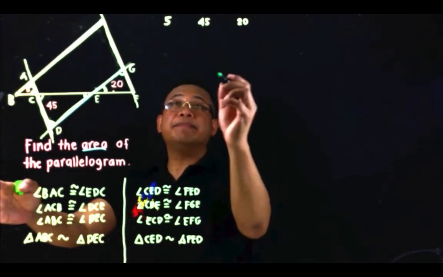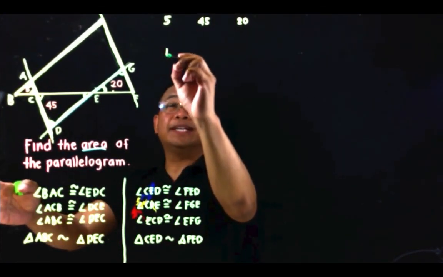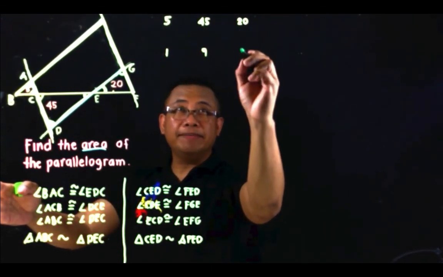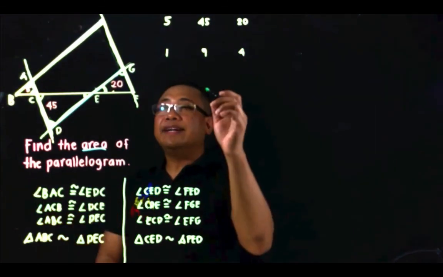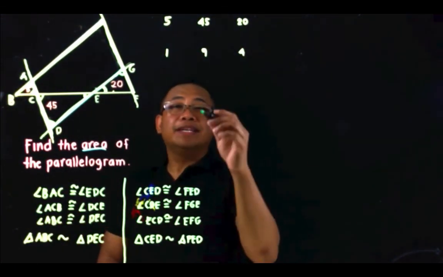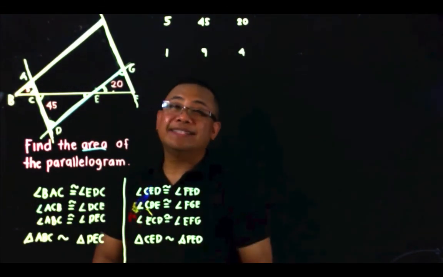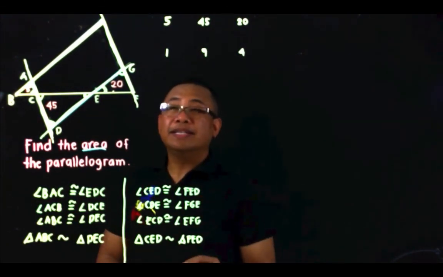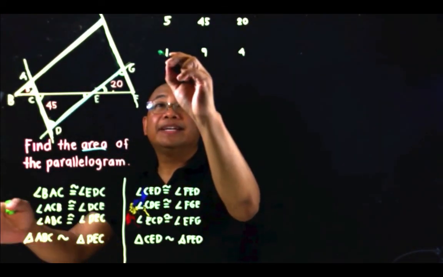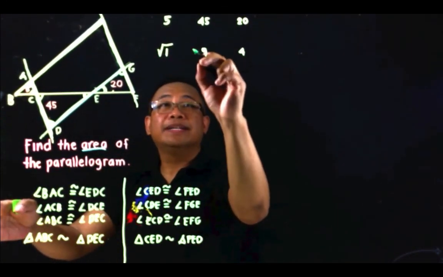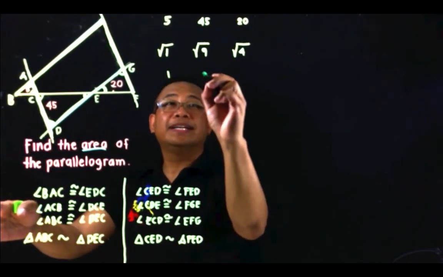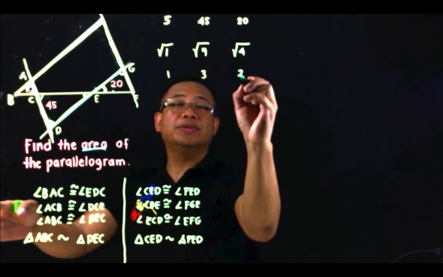If we divide each of them by 5, 5 divided by 5 is 1, 45 divided by 5 is 9, 20 divided by 5 is 4. When the proportion of the areas is in square units, the proportion of the sides is in the square root. So the proportionality of the sides of these three triangles should be in the form square root of 1, square root of 9, and square root of 4, which are 1, 3, and 2.